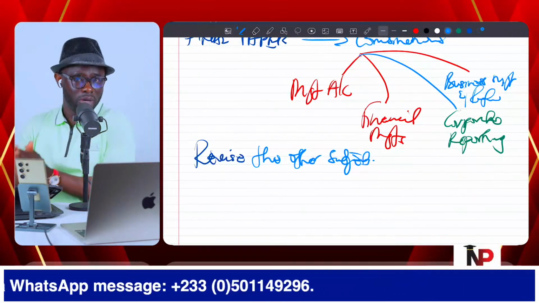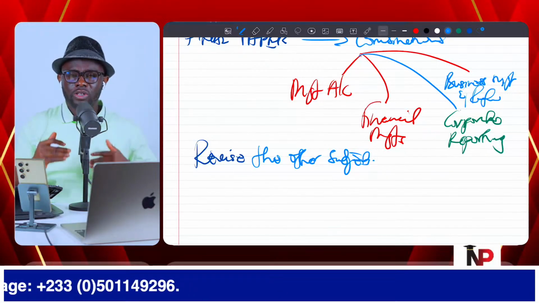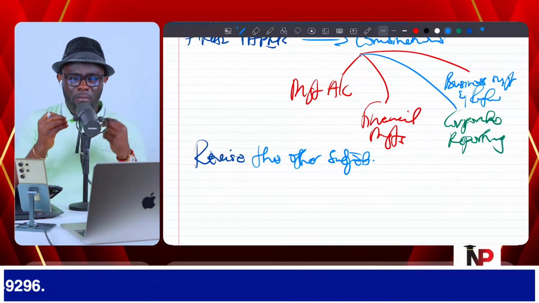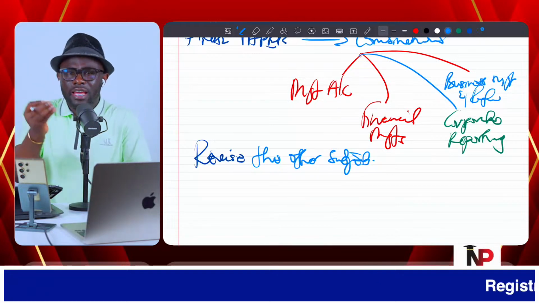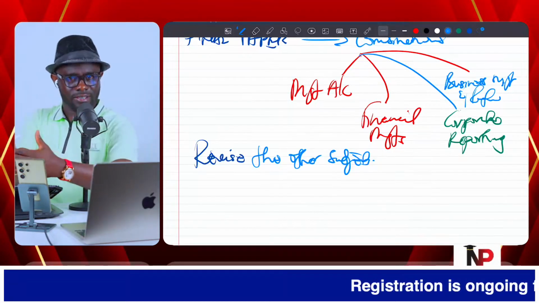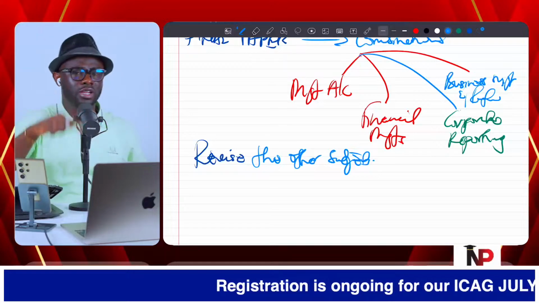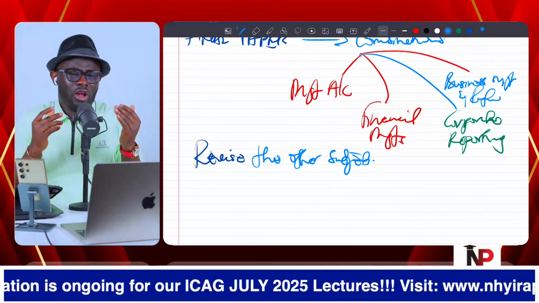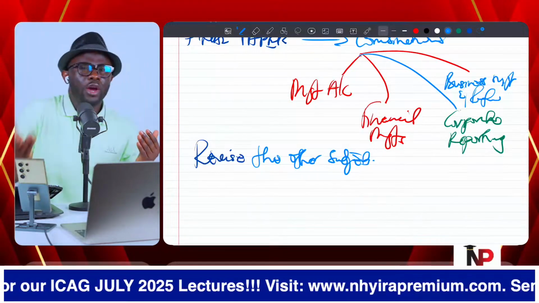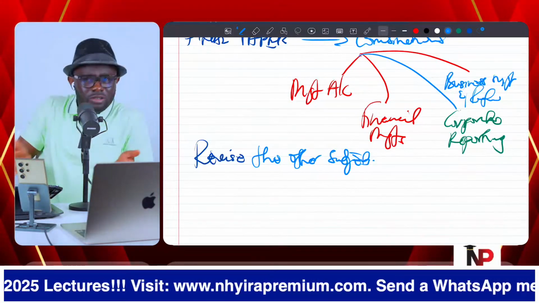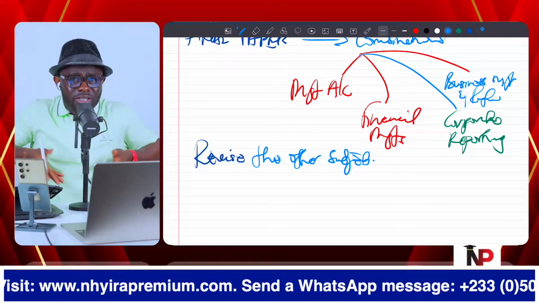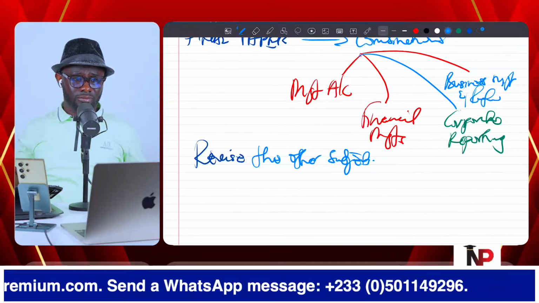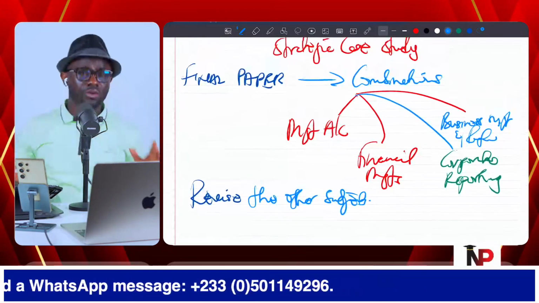Because those things may not be covered directly in your strategic case study class, but you will go to the strategic case study exam and you will see them there. It is not like your lecturer did not do a good job, but you are supposed to know about it because it is in your syllabus. And that is what we need to understand here.